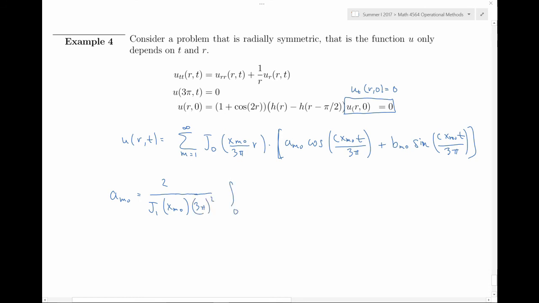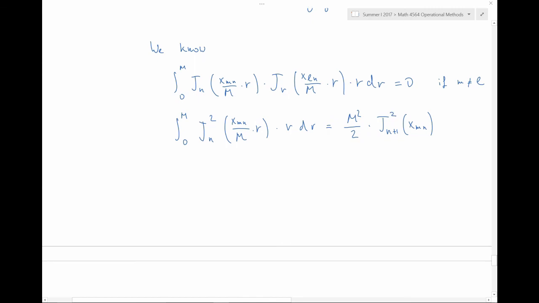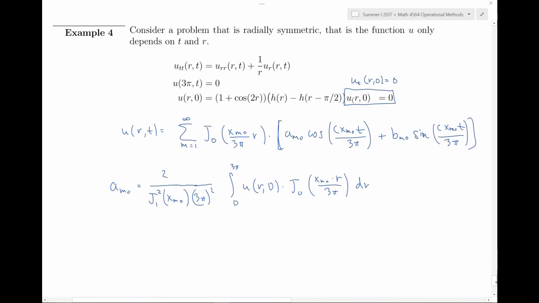The integral from 0 to 3 pi of u sub r0 multiplied by j naught of x m naught r over 3 pi dr, and j1 has to be squared just as this one. And all the coefficients bm are going to be 0 because the initial condition for the time derivative is 0. So let's see how it works.